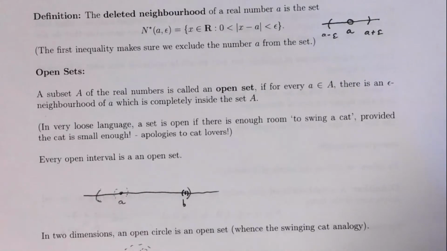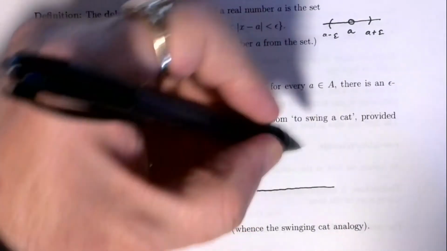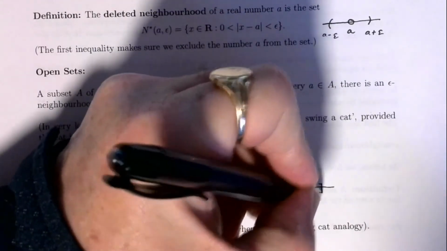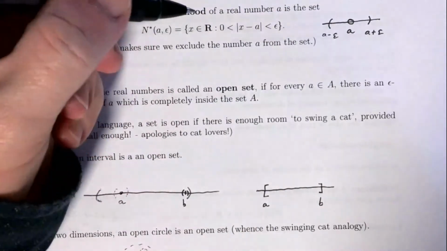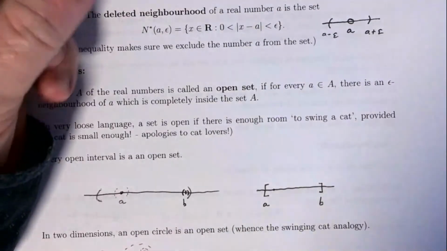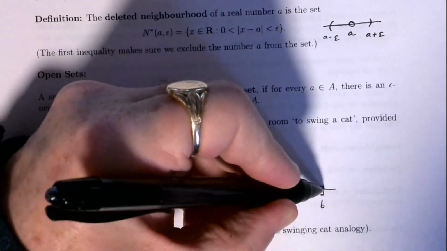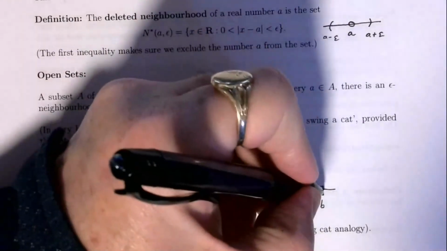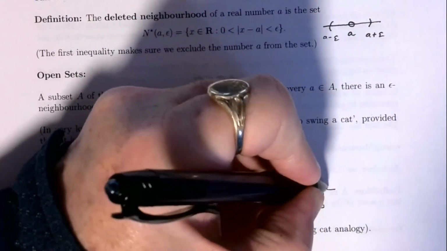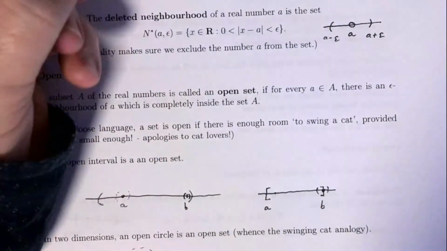Notice by comparison, if I now take a closed interval, say AB, then if I'm at a point here, there's enough room to swing a cat. You can put a little epsilon neighbourhood here, but this includes the 2 endpoints. So if I were to take the point B itself and try to put a little epsilon neighbourhood in here, then a little bit of it is going to go outside of the interval.